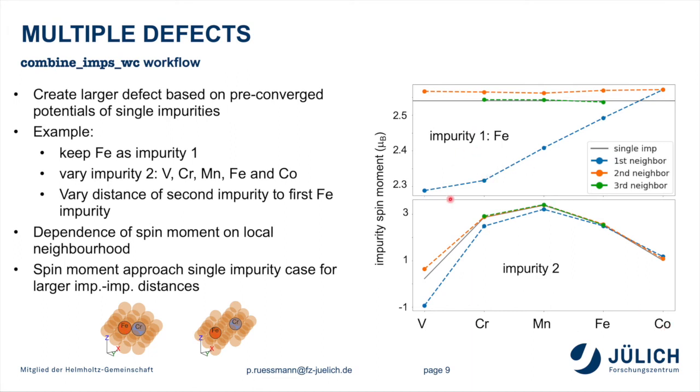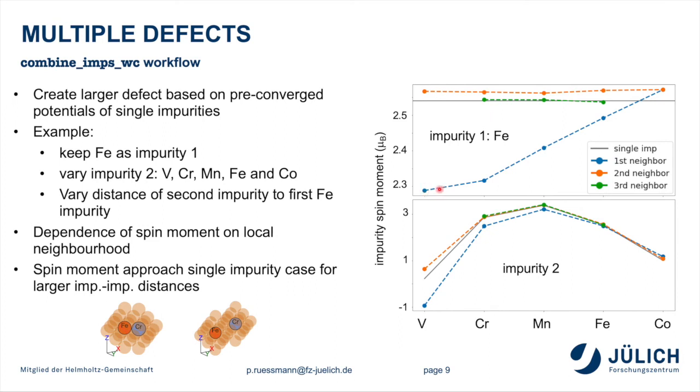And here on the right, you see then the results or the influence this has on the impurity spin moment. The gray line is always the single impurity value, and then these different colors show you how the impurity spin moment converges towards this single impurity value if you increase the distance between these different impurities.